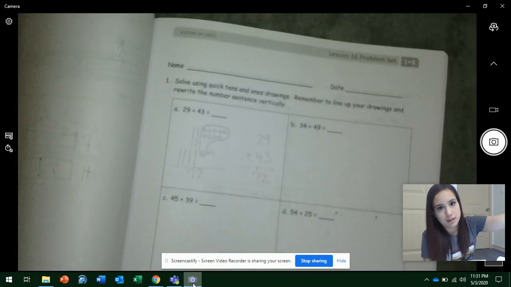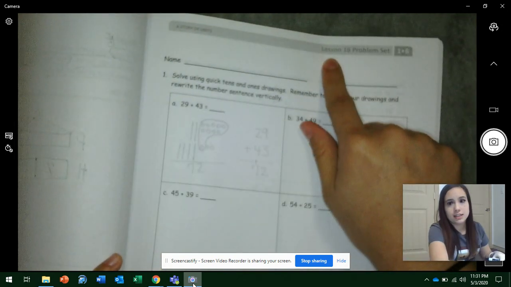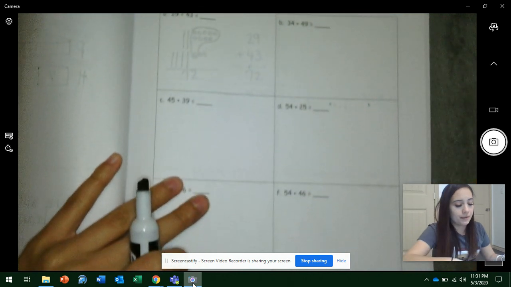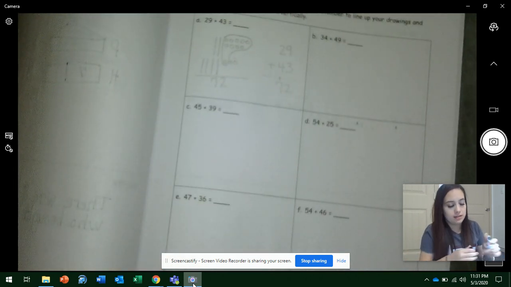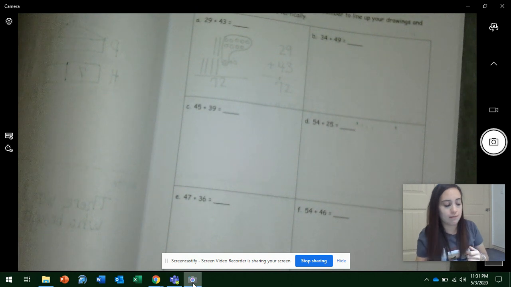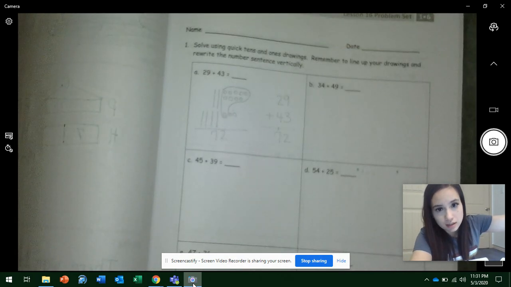We're having a bit of technical difficulty here. Okay, make sure that it says lesson 16 at the top and page 93 at the bottom. And I'm going to do an example with you all, and then y'all can do the rest on your own, okay? Let me see. I really want this to work, but I don't know how much more clear it can be.